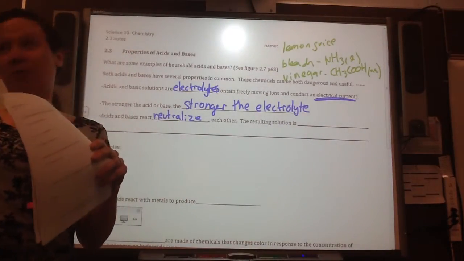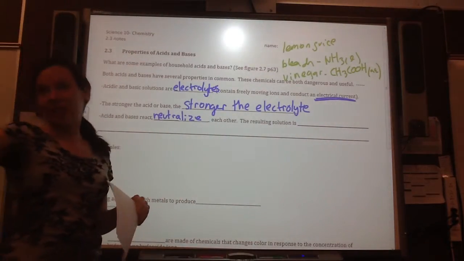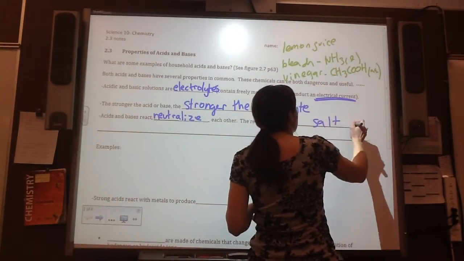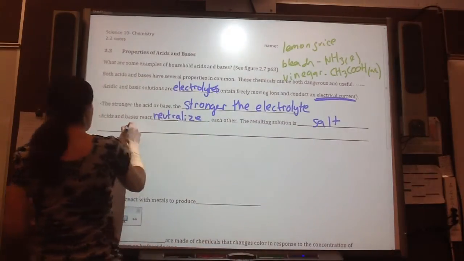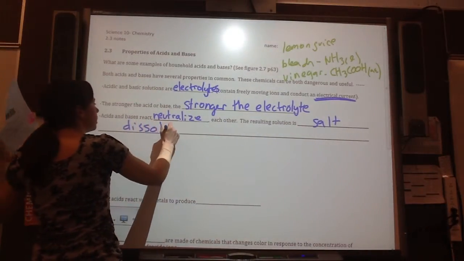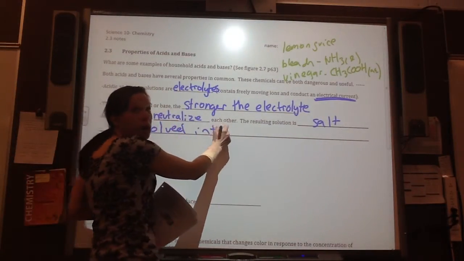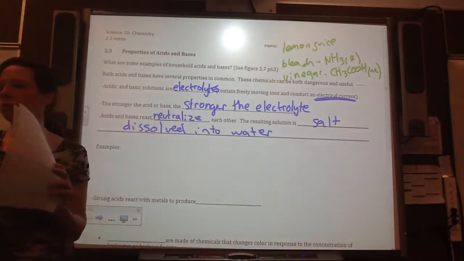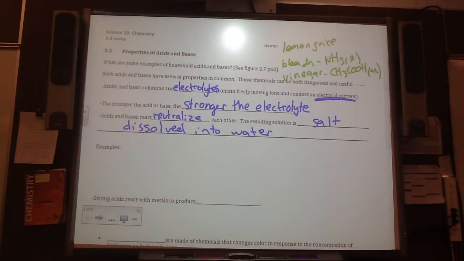A salt and... Close. Salt dissolved into water. Yeah. Generally, though, you need about the same amount of strength of acid to base.